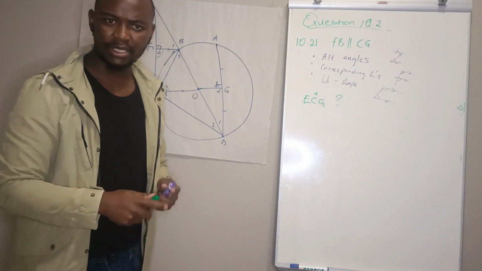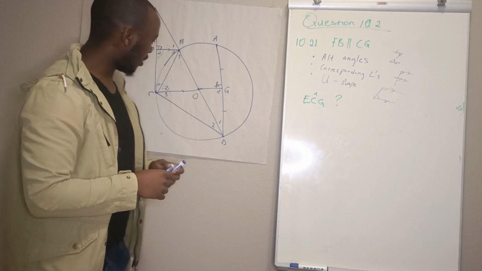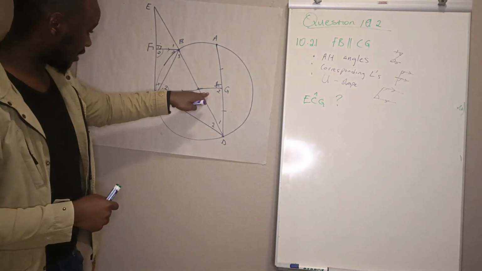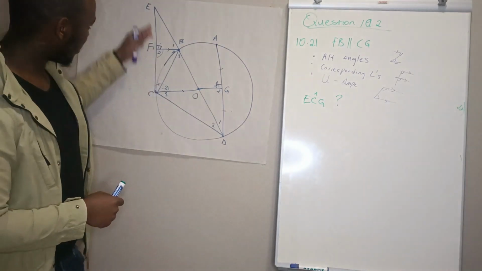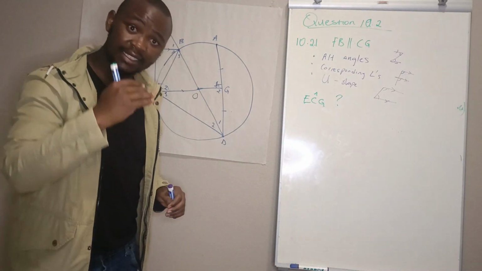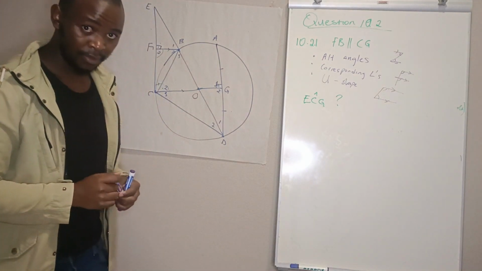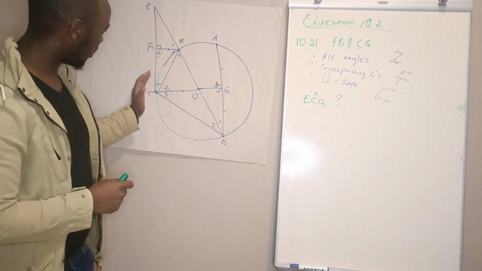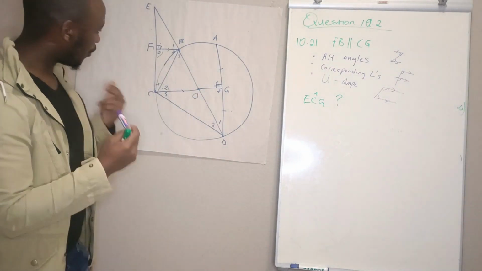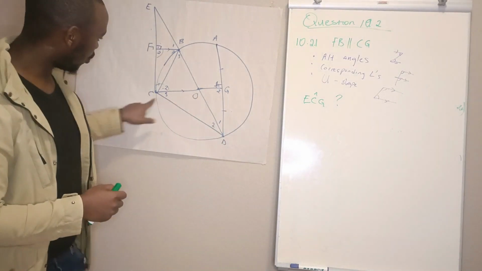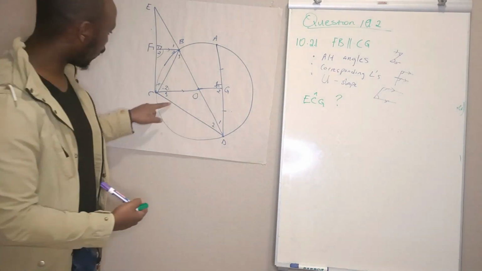And think, what combines a radius and a tangent, especially if they intersect? What theorems surround that? The first one I can think of is that a radius intersecting a tangent will always intersect it at 90 degrees. There are other theorems that surround tangents and radii, but the one that quickly connects a tangent and a radius is that when they intersect, they form 90 degrees.